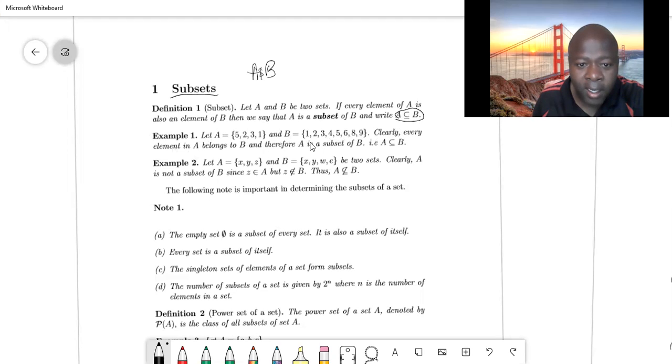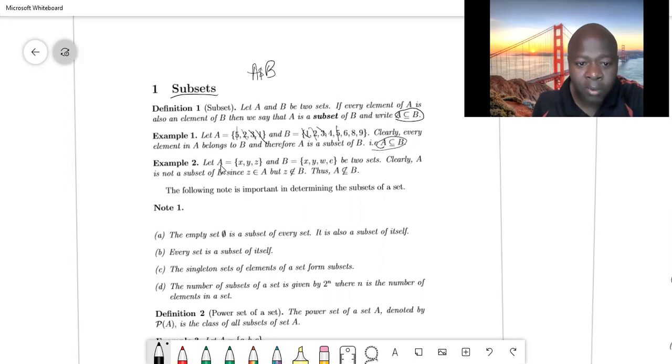Then clearly A is a subset of B because we can see that every element in A is in B. You can see that 5 is in B, 2 is also in B, 3 is also in B, and then 1 is also in B. So all the elements that A contains are contained in B, and therefore A is a subset of B. So we can write A is a subset of B.